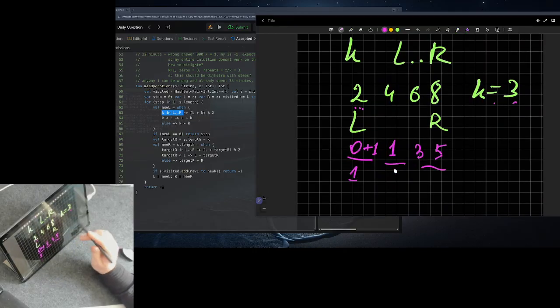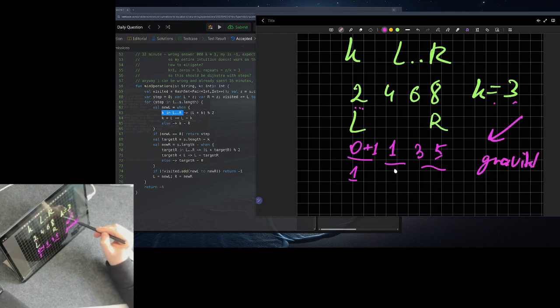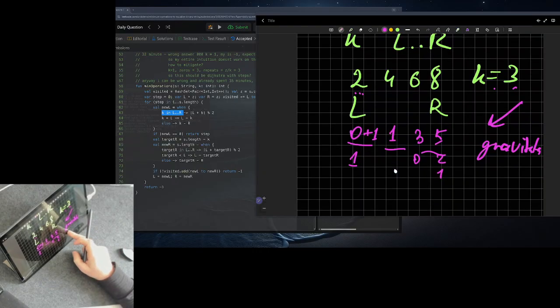So the logic is we gravitate towards 0, and this means 0, and this means again 2, this means again 1 in 3 steps.